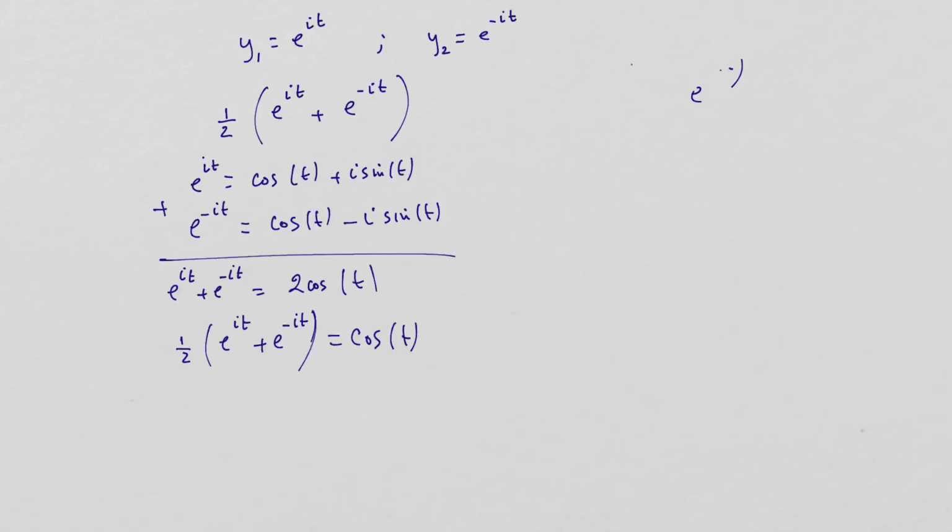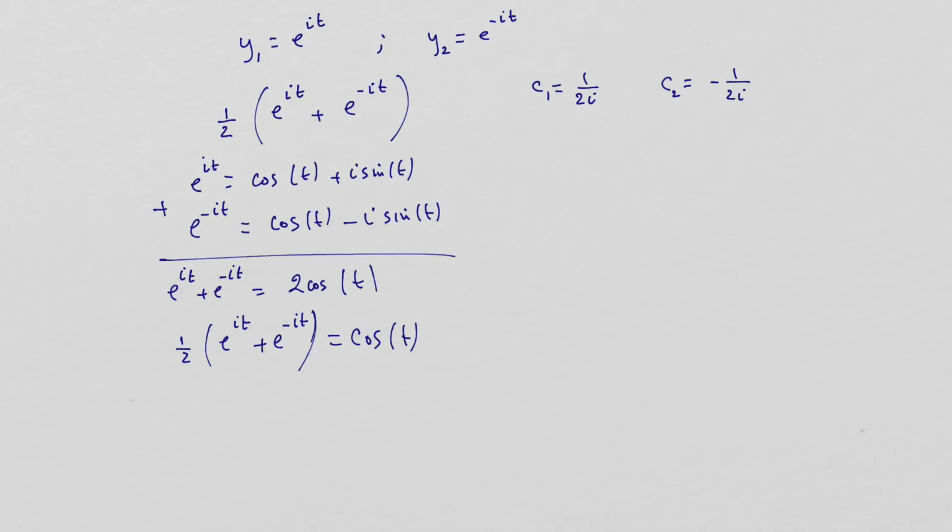Let me slow down, okay? So I'm going to pick C1 to be half i, and C2 to be negative half i, or negative 1 over 2i.